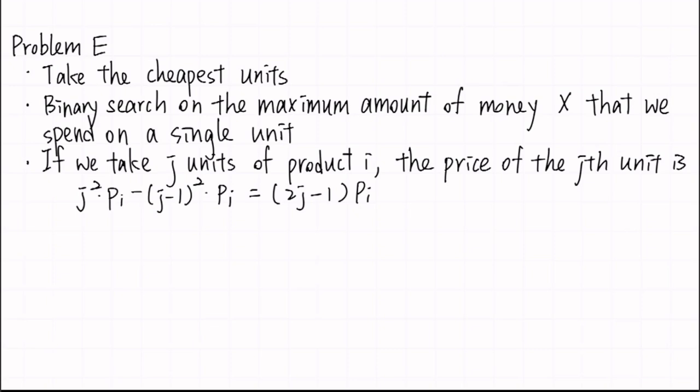And so if we want to perform binary search on the maximum amount of money, we can just create a check function to check if it's possible to get all of the units with prices less than or equal to X. So if the total price of all of these units with prices less than or equal to X is already greater than our maximum value of M, then this means that the current value of X doesn't work, and we need to find a smaller value.